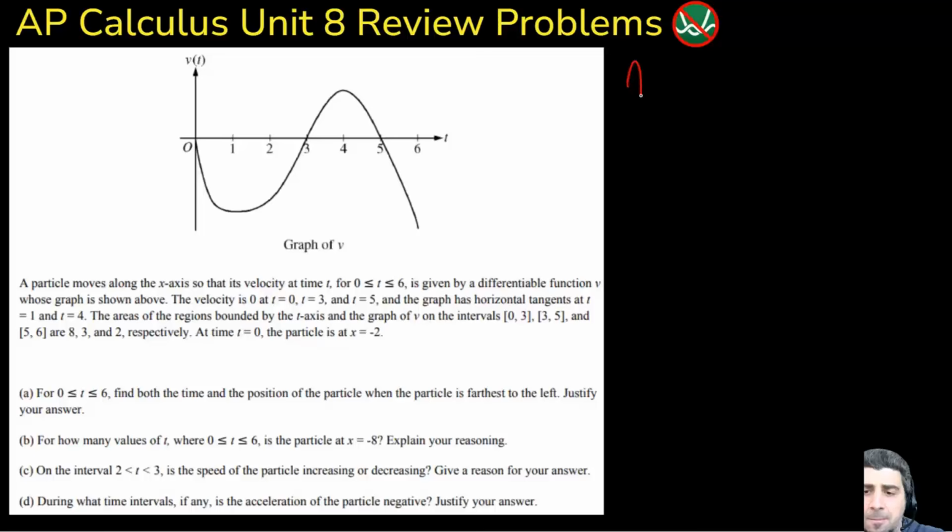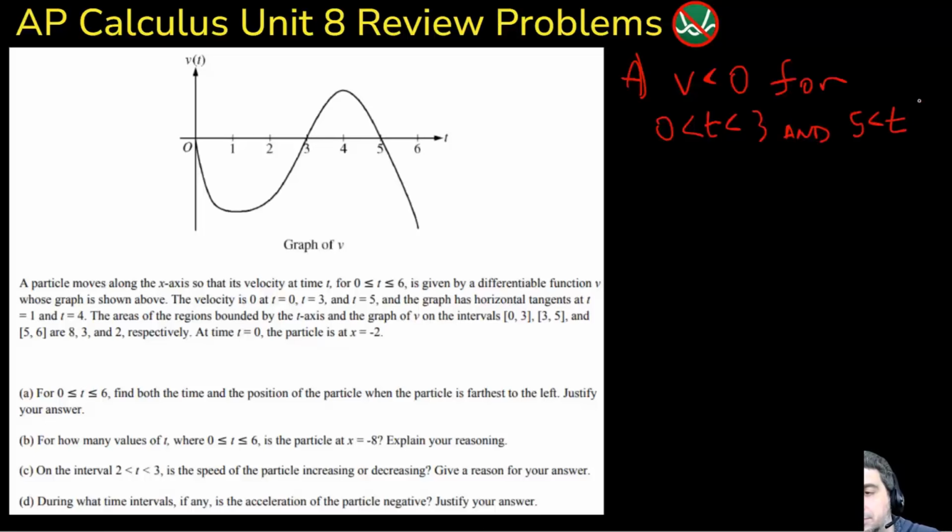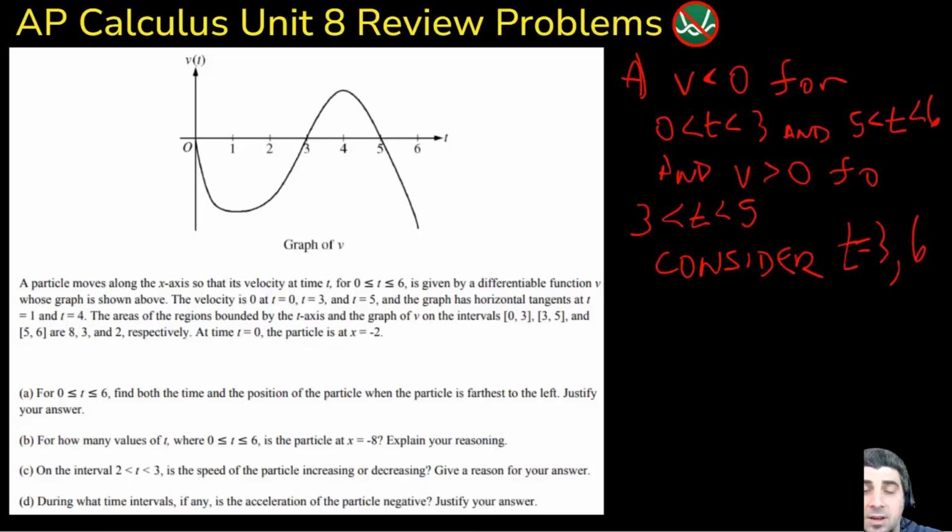So for part A, the velocity is less than 0 for 0 to 3 and 5 to 6. And the velocity is also positive between 3 and 5. So the object could be furthest to the left at t equals 3 or t equals 6. And the next step is to actually figure out the position. So we're going to use x of 3 to represent the position of the particle when t equals 3.